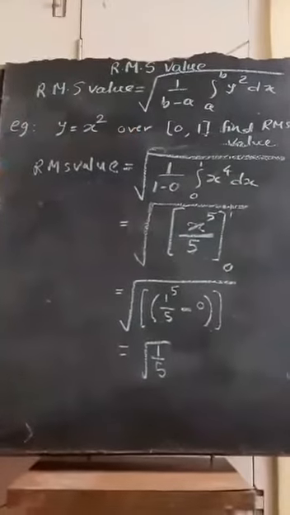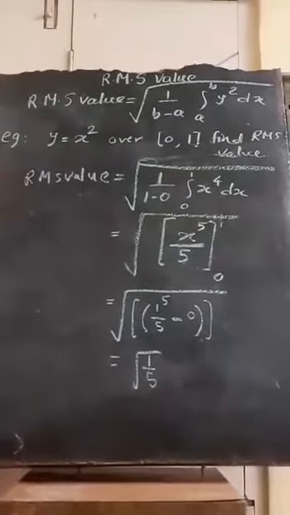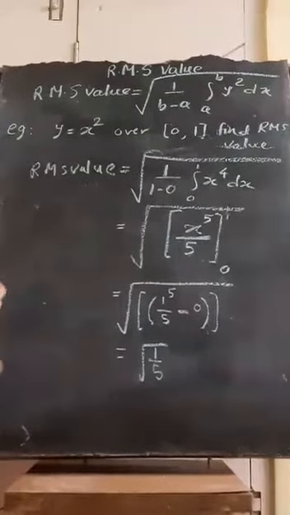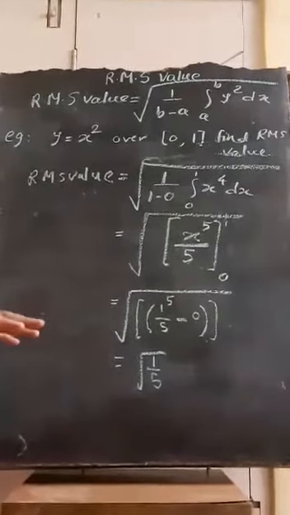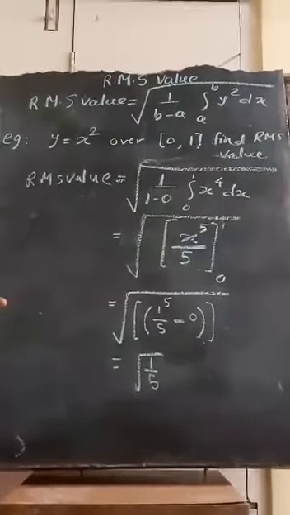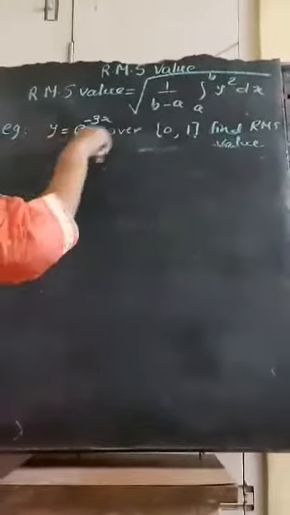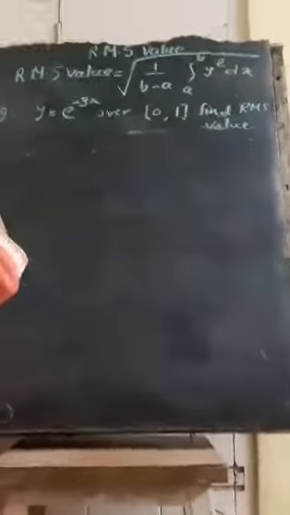Now this problem will not be this simple. I will take the e raised to x problem first and then I will go to more complicated problems. E raised to minus 3x we will take first, over the same range 0 to 1, and RMS value is the question.